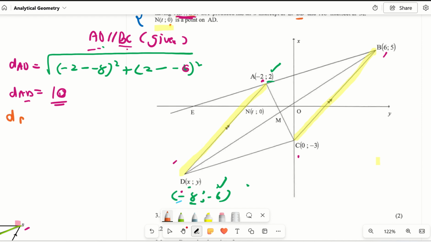Distance of BC, we substitute it immediately. Let's take this as our 2's and this as our 1's. So my x2 is 6 minus x1 is 0 squared plus y2 is 5 minus y1 is 3, sorry.